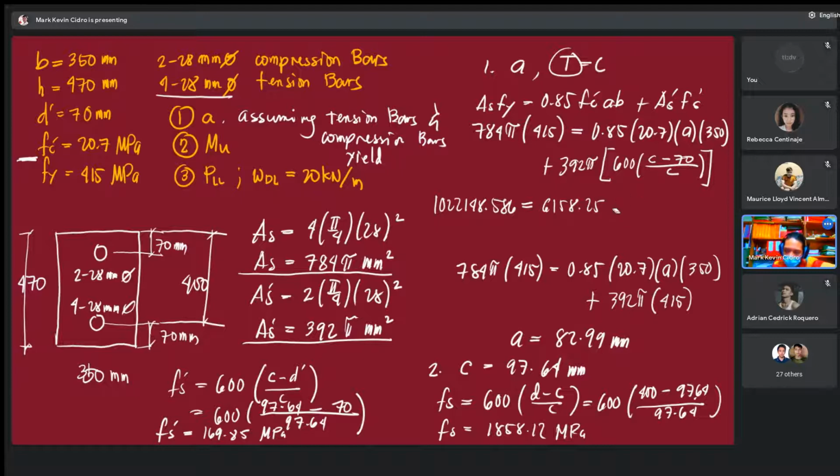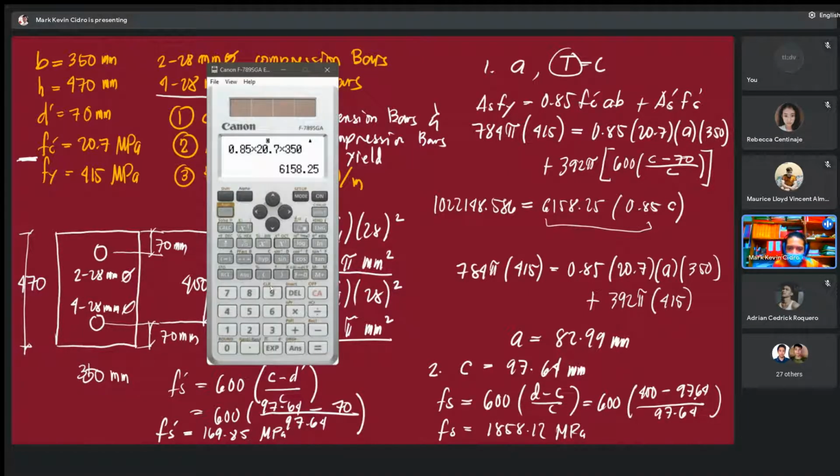Your beta 1 is equal to 0.85, because your fc' is less than 28 megapascals. I'll multiply these two so I don't have to go back and forth. So this is 6158 times 0.85.